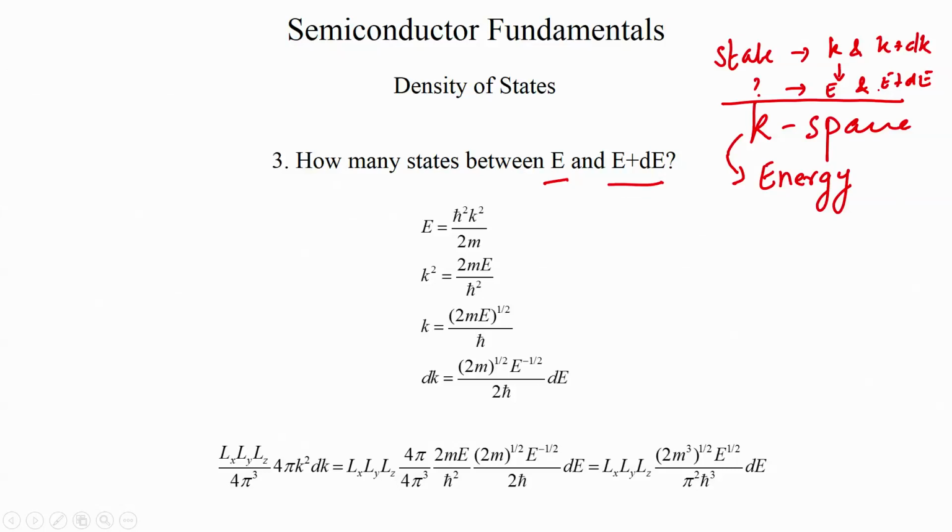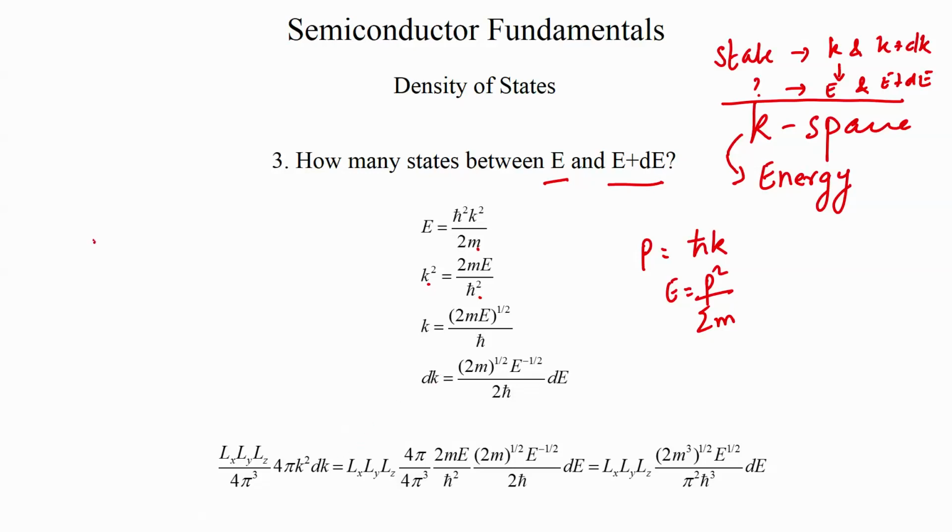So how is k connected to E? k is nothing but your wave vector. So h bar k is my momentum, and E is p square by 2m. Therefore, E is h bar square k square by 2m, and therefore k square is 2mE by h bar square, and k is the square root of this whole thing, which is the square root of 2mE by h bar.